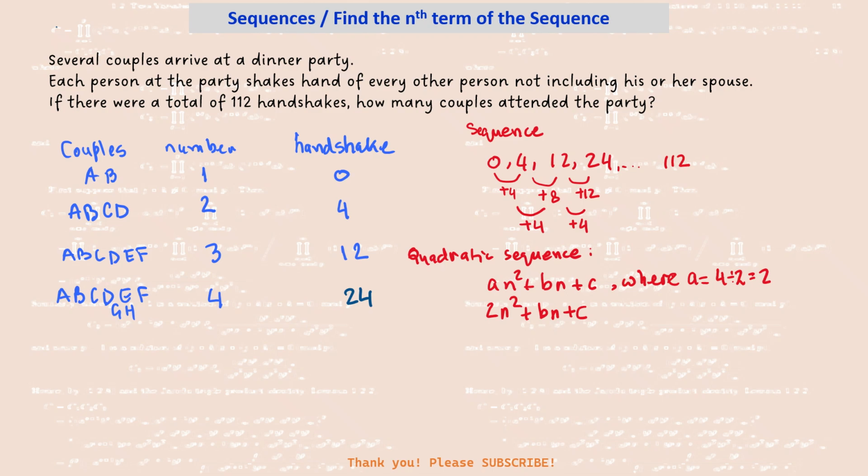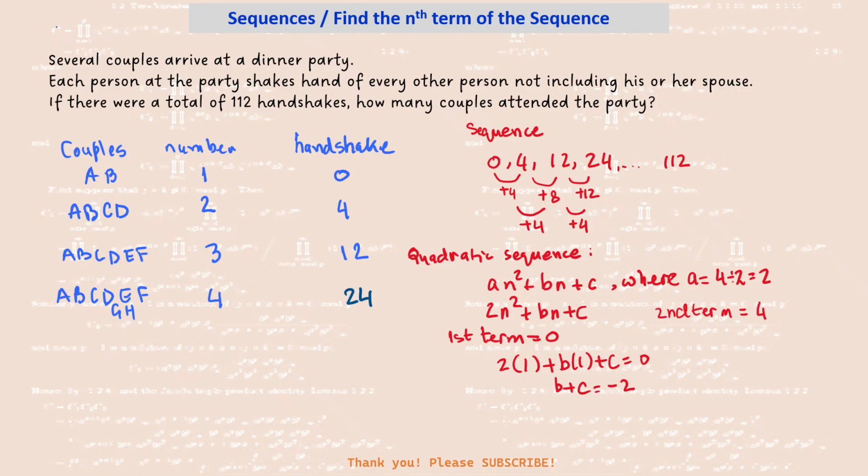Now to find b and c, the first term is 0, the second term is 4, the third term is 12, the fourth term is 24. So for the first term, I can write 2 times 1 squared plus b times 1 plus c is 0. So I get the equation b plus c is minus 2.